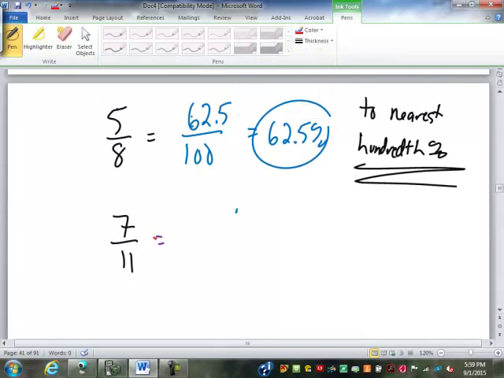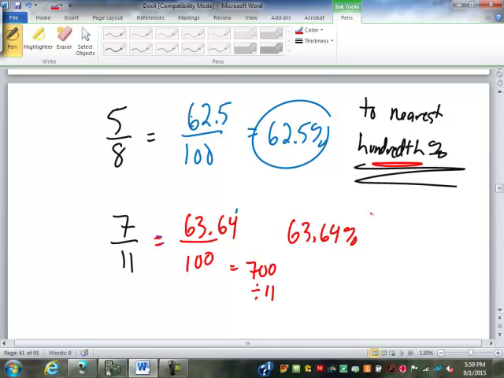How about 7/11? 7 times 100 is 700. Divided by 11 is 63.64, or 63.64% to the nearest hundredth. Any questions on those? Okay.